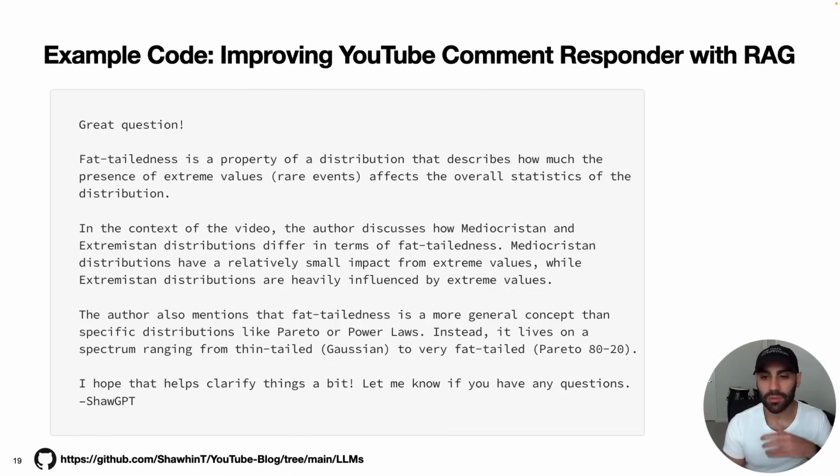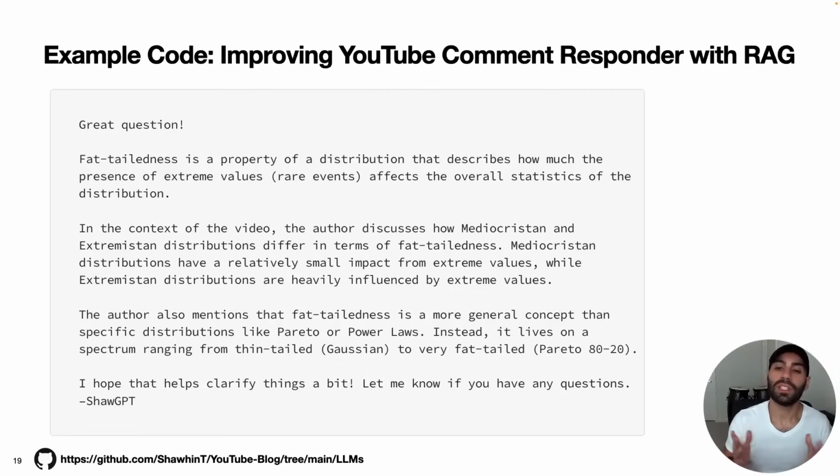Mediocristan distributions have a relatively small impact from extreme values, while extremistan distributions are heavily influenced by extreme values. The author also mentions that fat-tailedness is a more general concept than specific distributions like Pareto or power laws. Instead, it lives on a spectrum ranging from thin-tailed Gaussian to very fat-tailed Pareto 80-20. I hope that clarifies things a bit. Let me know if you have any questions."